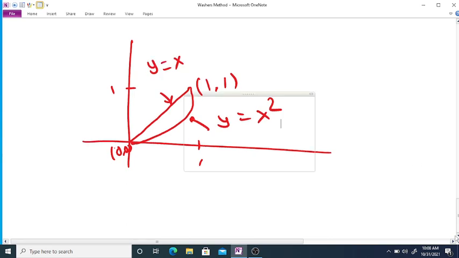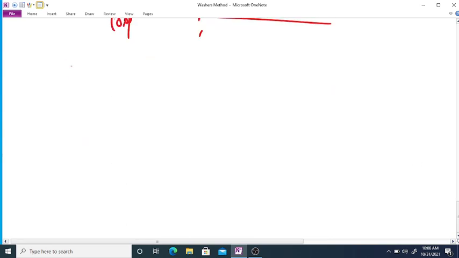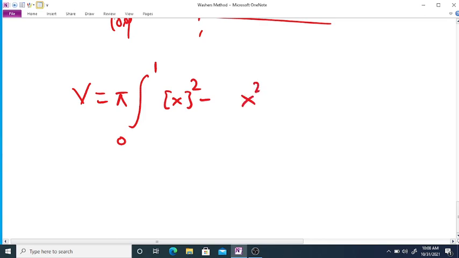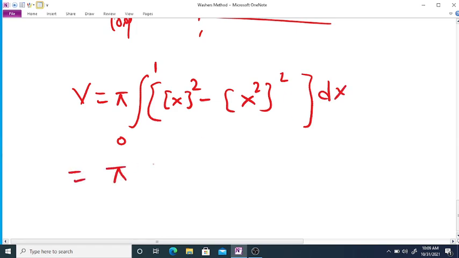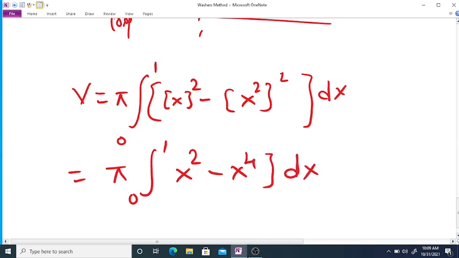And therefore by using Washer's method, the volume is equal to pi times the integral from 0 to 1 of x square minus x square square dx. So this is equal to pi times the integral from 0 to 1 of x square minus x raised to 4 dx.